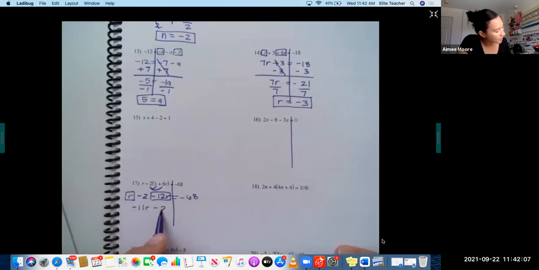Then we have -2 equals -68. And then we would add 2 to both sides. -11r equals -66. Divide both sides by -11 and r equals 6.